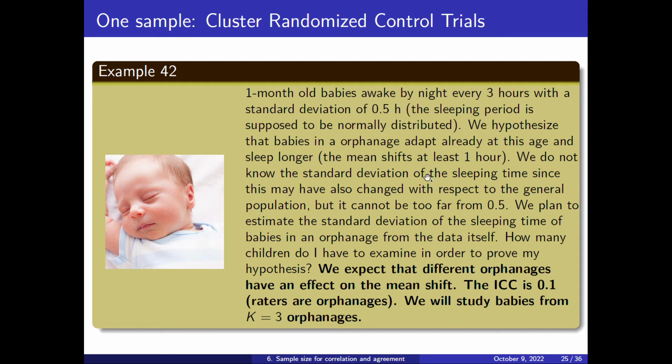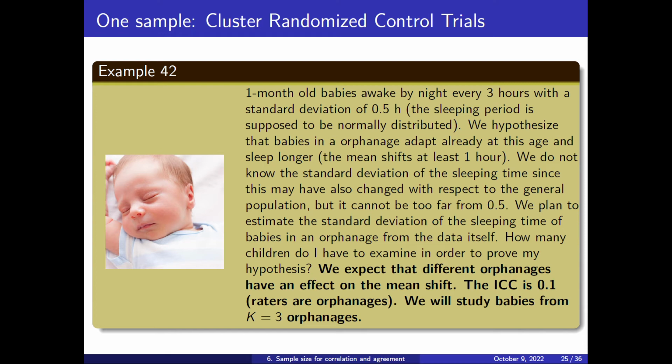So we want to detect shifts of at least 1 hour. We do not know the standard deviation of the sleeping time because it may also change with respect to the general population, but it cannot be too far from this 0.5 hours from the general population.